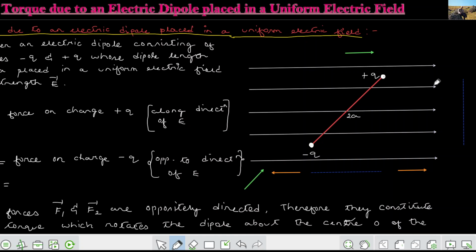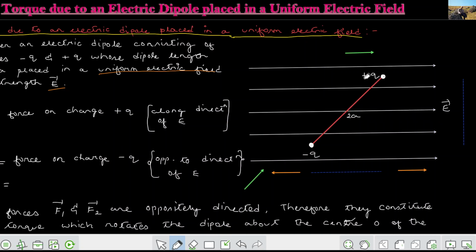All these white colored rays represent the electric field. I will mark it by E, and all these electric fields are uniform. The strength of the electric field is capital E.